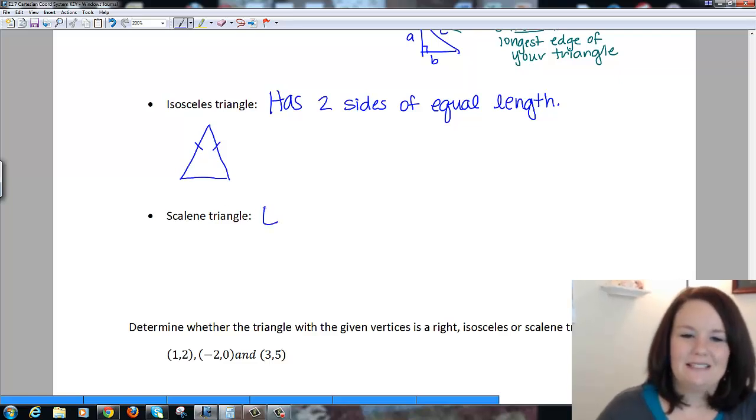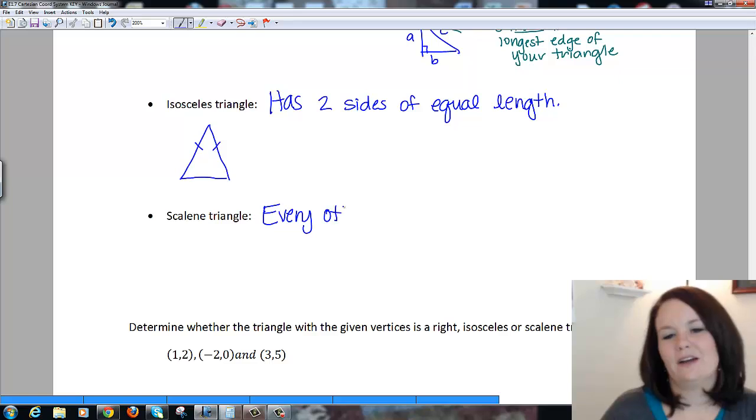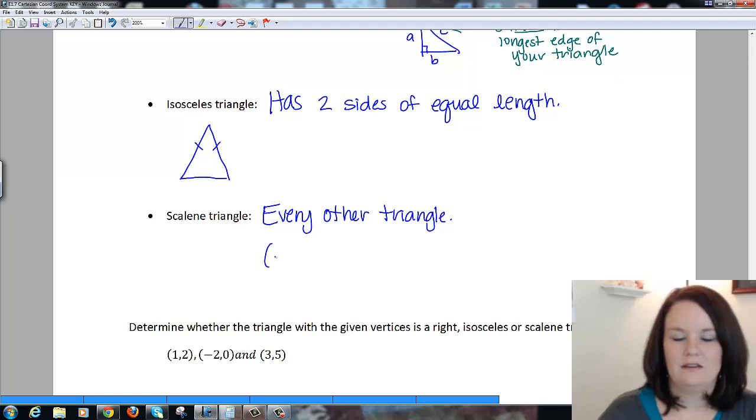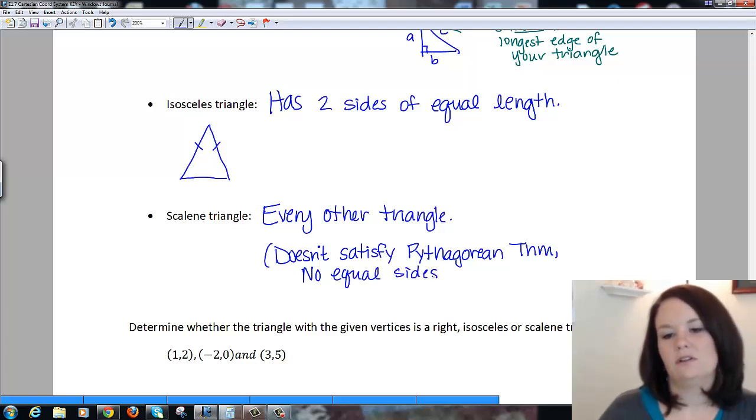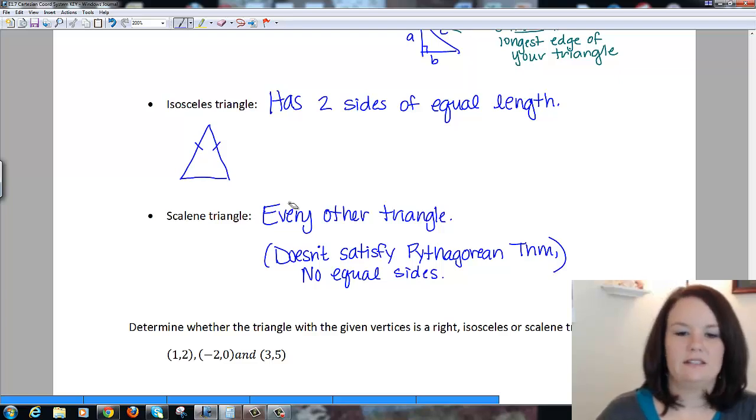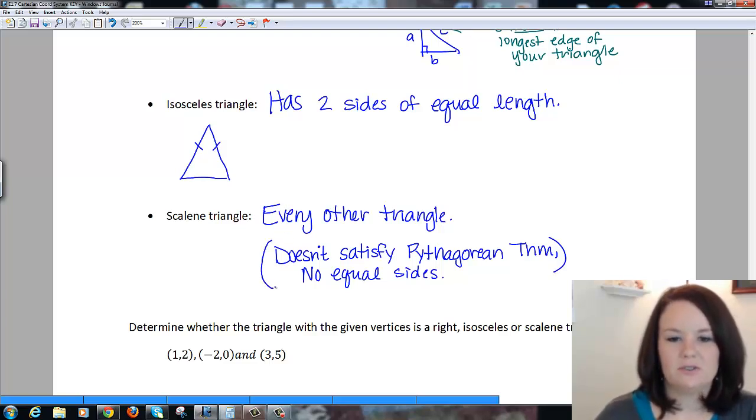So I'm just going to say this is every other triangle. Doesn't satisfy the Pythagorean theorem, and no equal sides. Okay, so not the most special triangle ever.